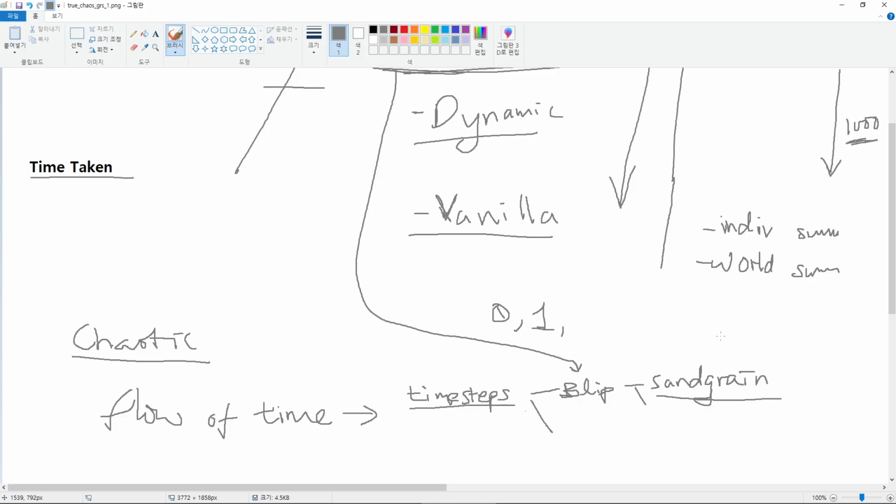Now, a sand grain is what an entity uses or consumes for an entity event or action. And a blip is made of, let's say, k number of sand grains.